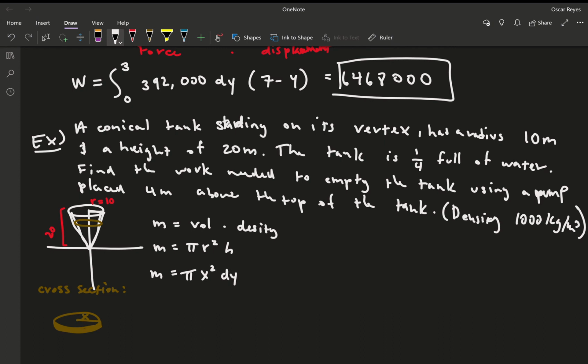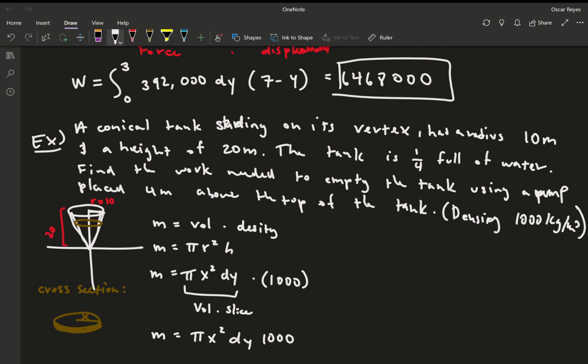When I say height, I don't mean the height of the actual conical tank itself. This is the volume of the slice, or our cross section. So then we multiply it by our density, which is 1,000. And we're going to have our mass is equal to pi x squared dy times 1,000.